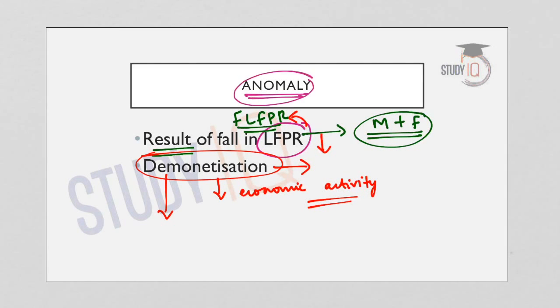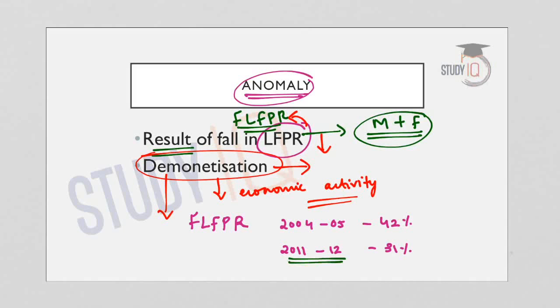Now, what is the anomaly or what is the abnormality here? The female labour force participation rate in 2004-5 was 42%. And in 2011-12, it declined to 31%. So 2011-12 was the pre-demonetization phase, as demonetization happened in 2016.